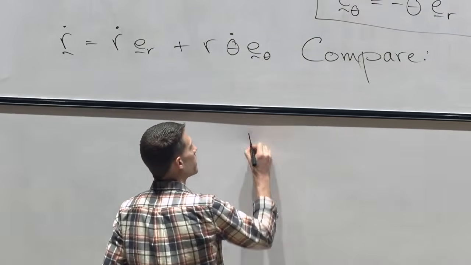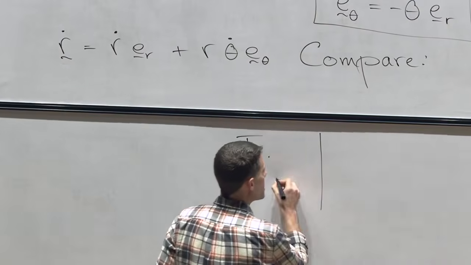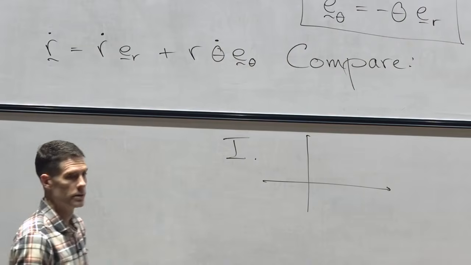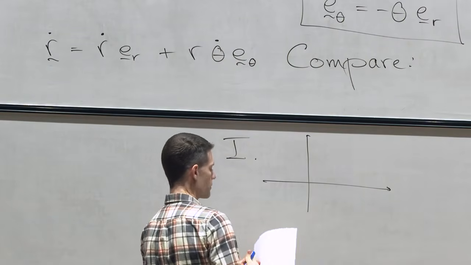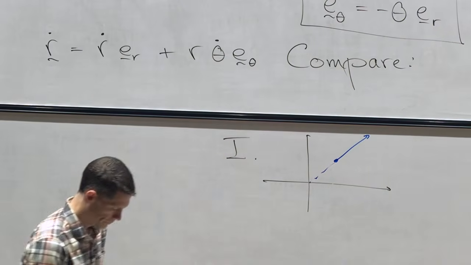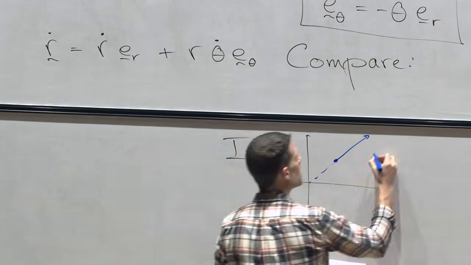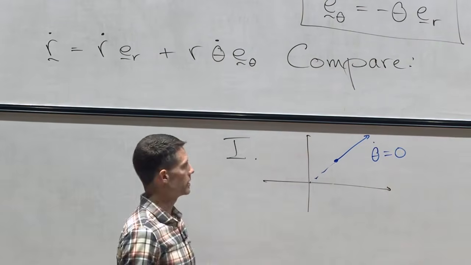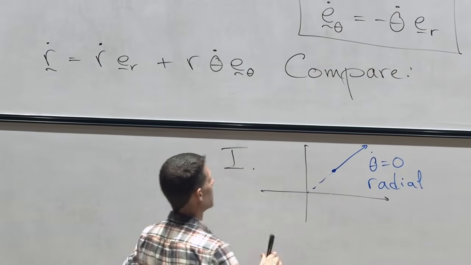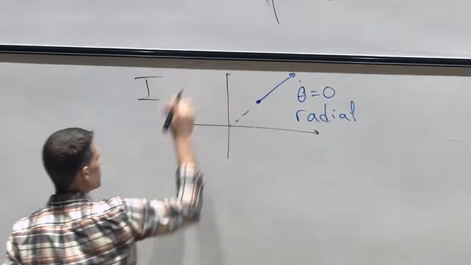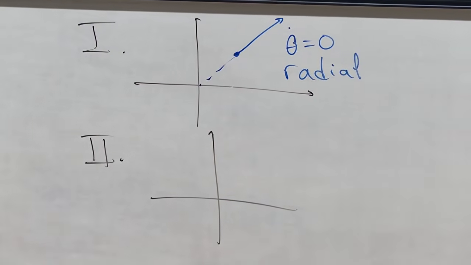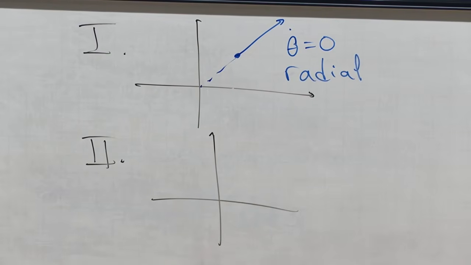In motion 1, my particle is moving entirely radially, so theta dot is 0. That's radial motion. Or, on the other hand, if the radius isn't changing at all, that's circular motion, right?